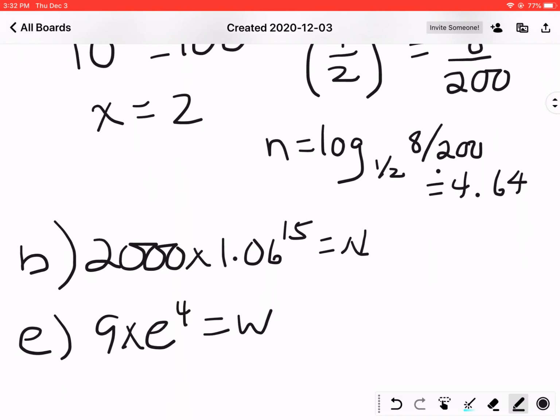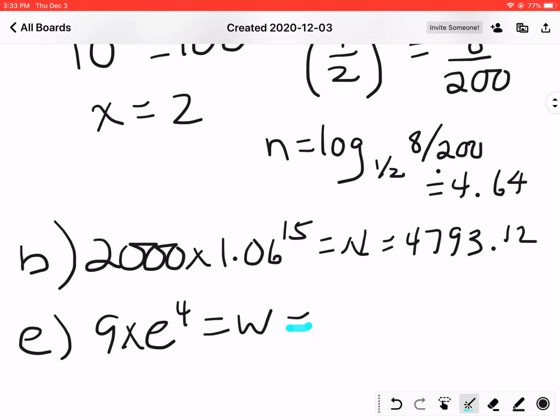Moving down, B and E are the easiest kind of all. All you're doing is punching this into the calculator exactly as you see it. So for B, if you punch that in, you should get 4793.12.